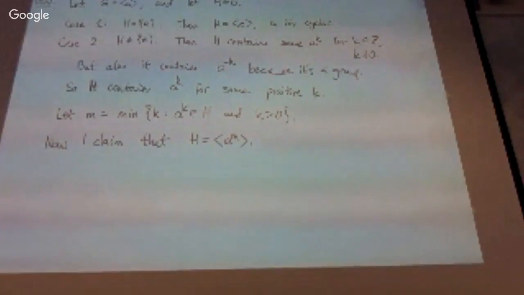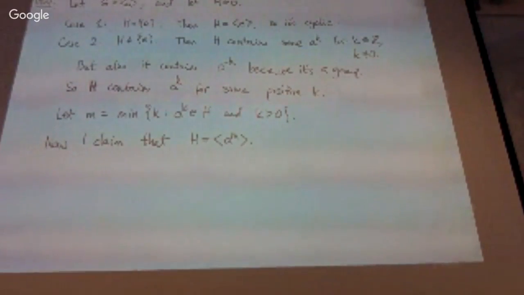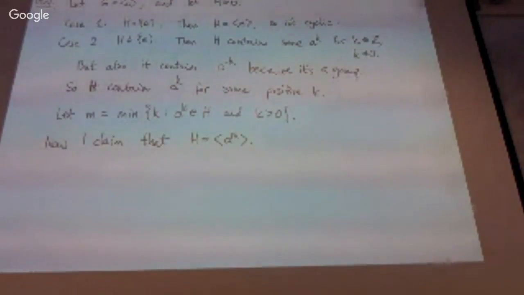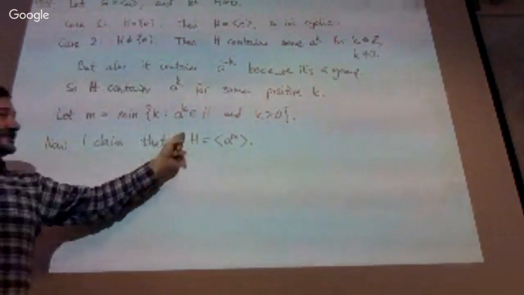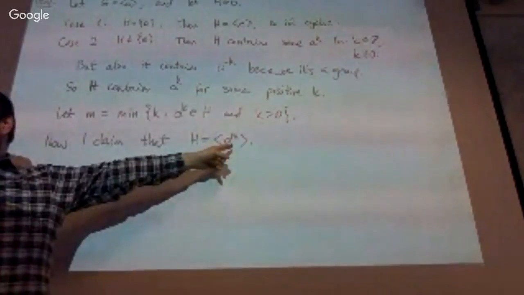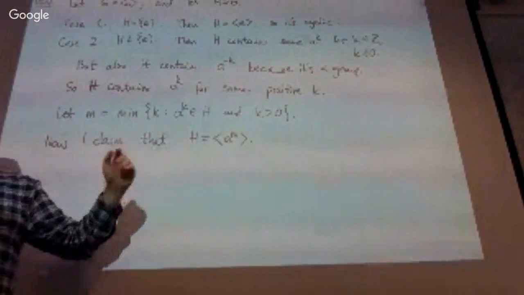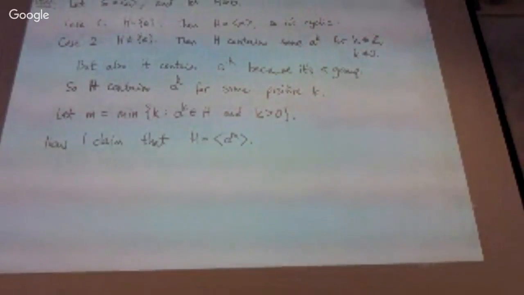Well, the standard typical way, very often, when you have two sets and you're claiming that they're equal, you want to show that one is a subset of the other and the other is a subset of the one. So you show that anything in H is in that set as well, and anything in that set is in H as well. If you have both ways, then the sets have to be equal.